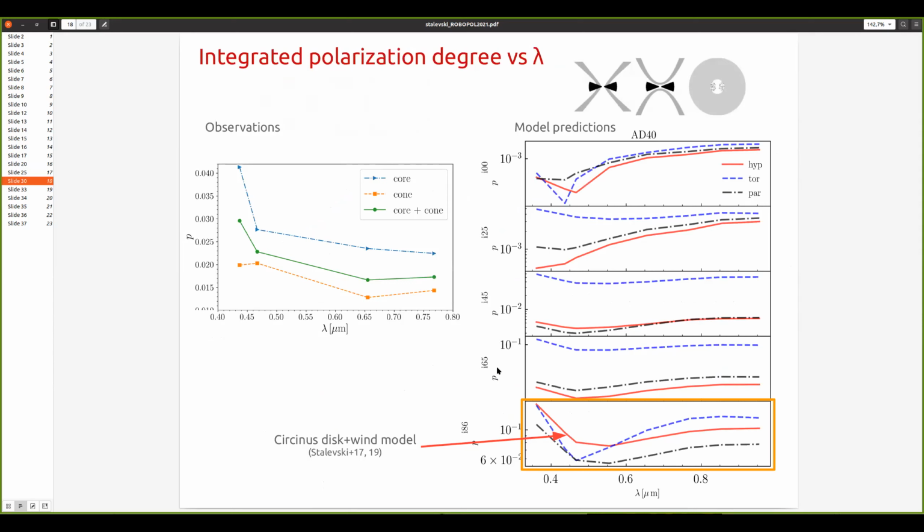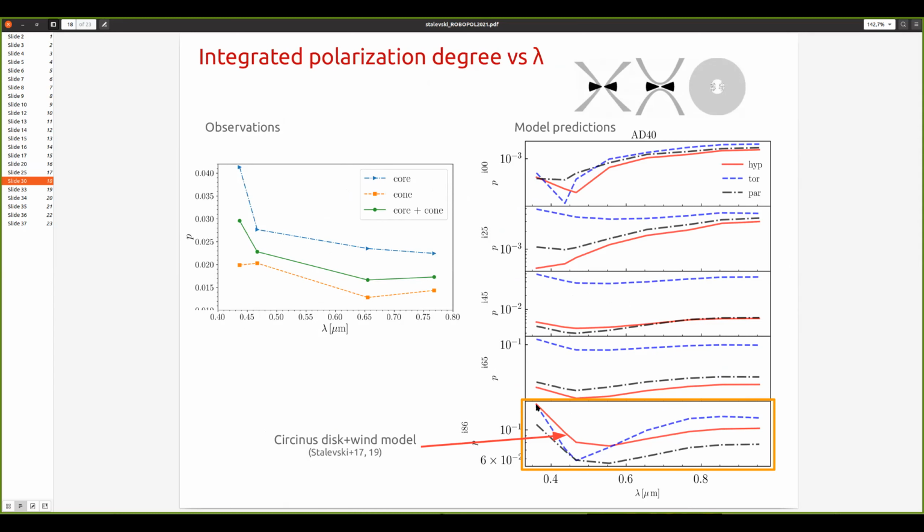And as a quick comparison, so here on the right, we have integrated polarization degree versus wavelength for these different geometries. So hyperboloid, paraboloid, and the classical dusty torus enveloped by host galaxy dust. From top to bottom, we have increasing viewing angle from face on to edge on.